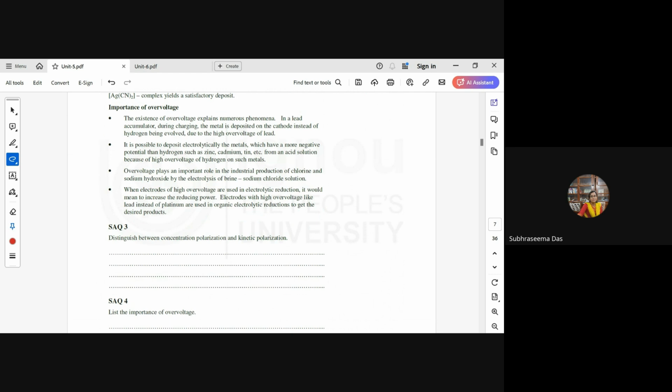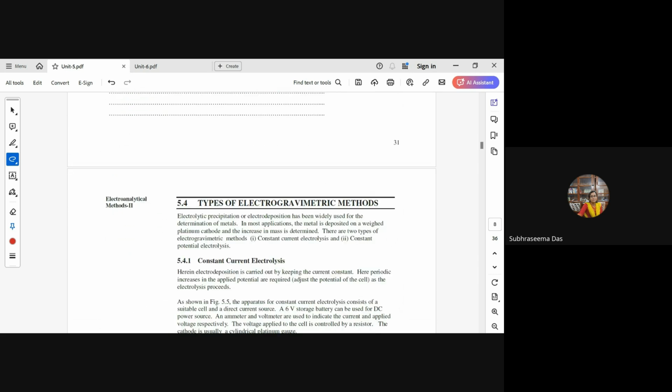And overvoltage has been a great economic factor, because the use of platinum can be avoided and lead can be used for organic reductions, since platinum is expensive and lead is a much cheaper metal. So overvoltage is not only beneficial but also economic for various types of organic electrolytic reductions.